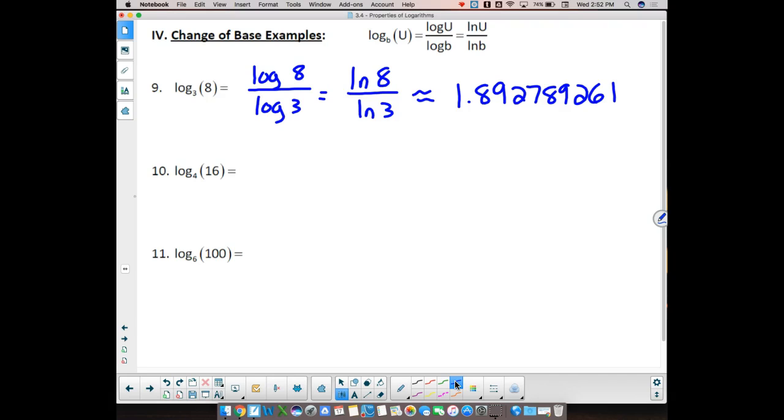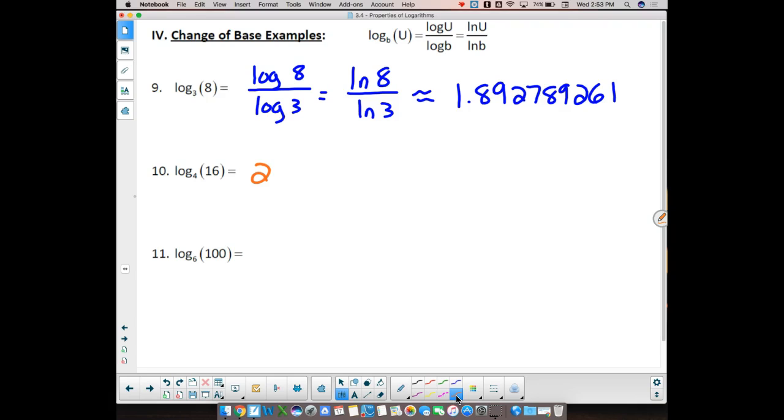Log base 4 of 16, do we need the calculators for it? What is it? 2. Okay? You can confirm it on the calculator if you want.